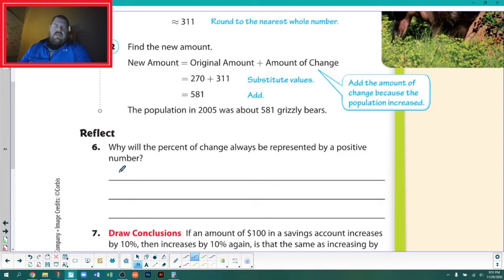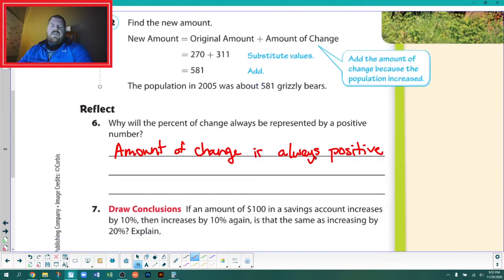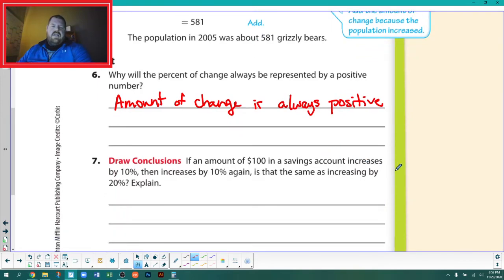It really comes down to the fact that the amount of change is always positive, because we always take the bigger number minus the smaller number. So that's always going to be positive. Positive divided by a positive is always a positive. And that's what gives us that idea.